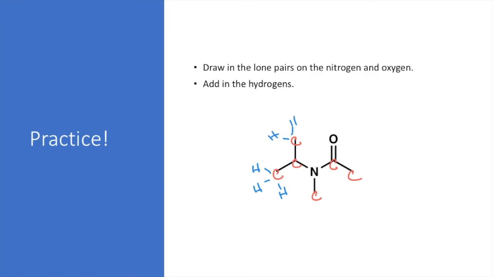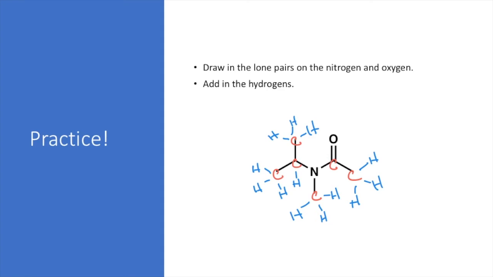Same with this carbon. The next carbon already has 3 bonds shown, so it just needs 1 hydrogen. This carbon is missing 3 bonds, so it needs 3 hydrogens. The carbon bonded to the oxygen already has 4 bonds, so it doesn't need any hydrogens. And then finally, this carbon on the right just has 1 bond shown, so it needs 3 hydrogens.